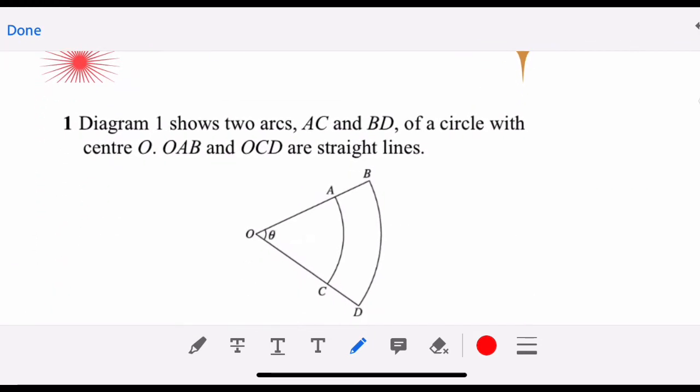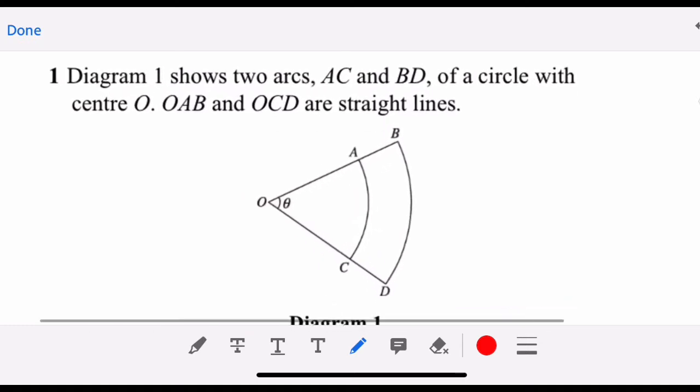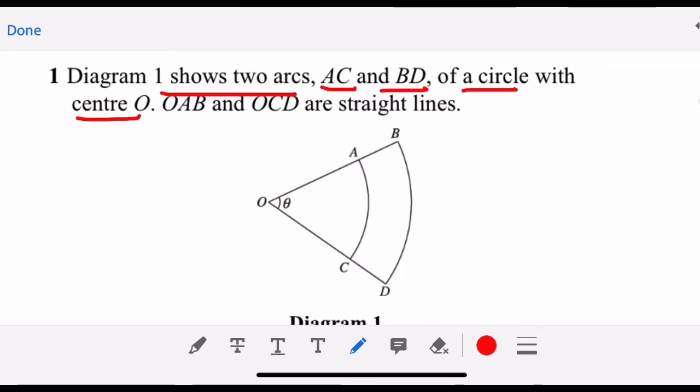The first question is quite simple. It's circular measure. Diagram 1 shows two arcs, AC and BD, of a circle with center O, and OAB and OCD are straight lines.